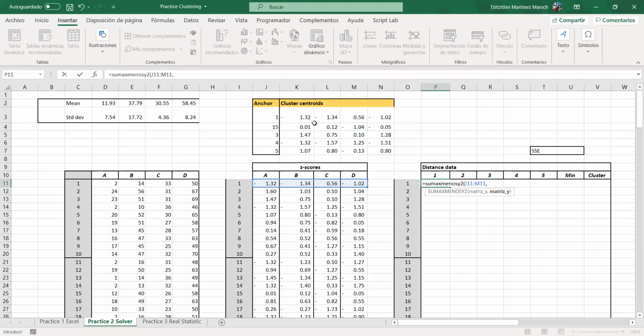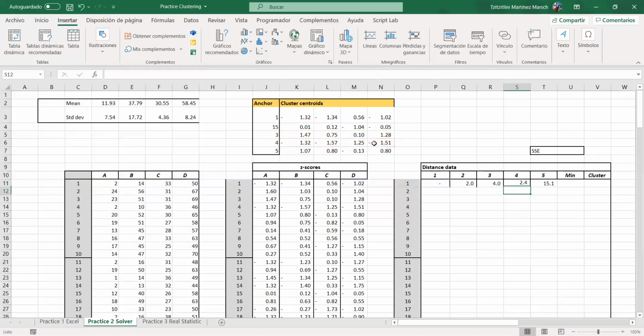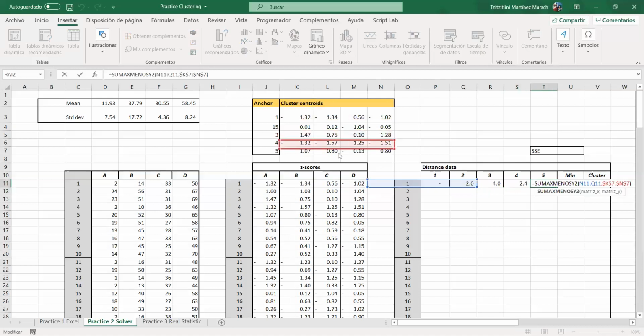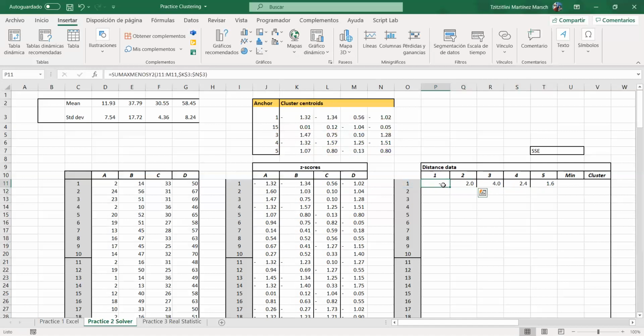And this is the distance to our first cluster, and this is going to be to our second cluster, this to our third cluster, this to our fourth cluster, and this to our fifth cluster. And we also need to make sure that this is correct.